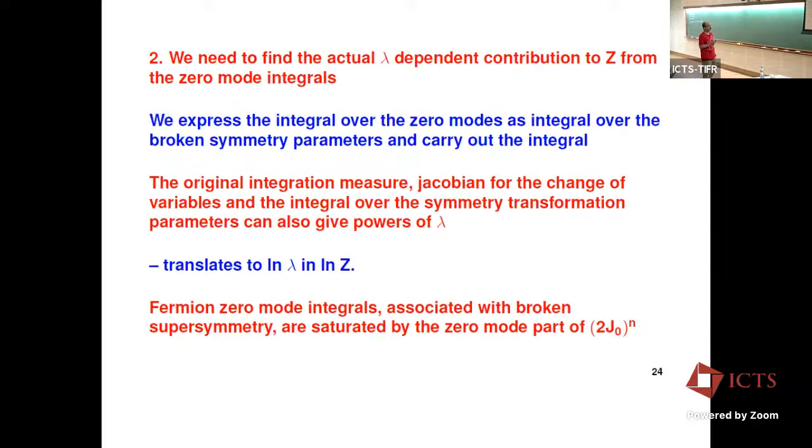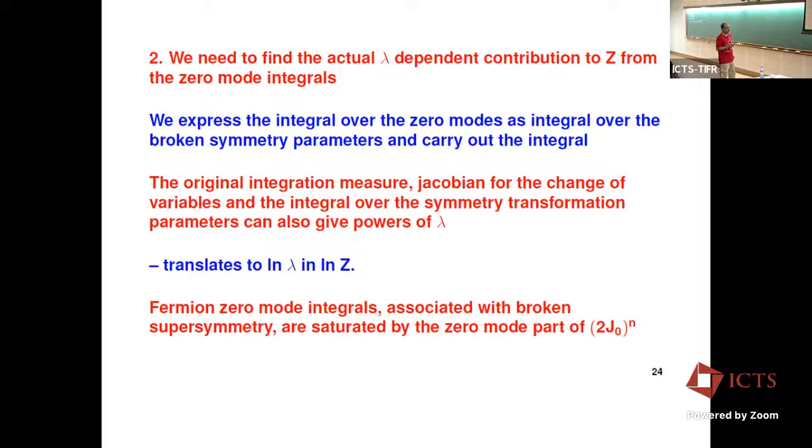But then we also need to find the actual lambda dependent contribution to z from the zero mode integrals. So for this, we have to express the integral over the zero modes as an integral over the broken symmetry parameters and then carry out the integral, because as I said, zero modes are associated with broken symmetry parameters. And in this process, there are various sources of lambda dependence that come in. For example, the original integration measure would have lambda dependence that you have to study carefully.